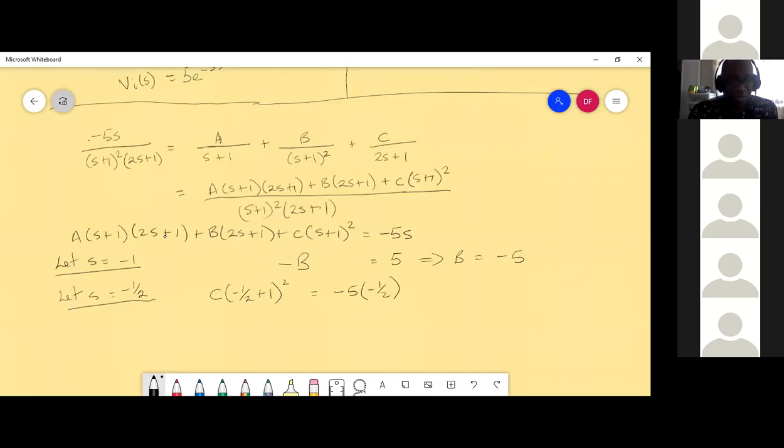So this is half squared, a quarter C, equal to 5 over 2, which implies that C is equal to 5 over 2 times 4, which is 10.